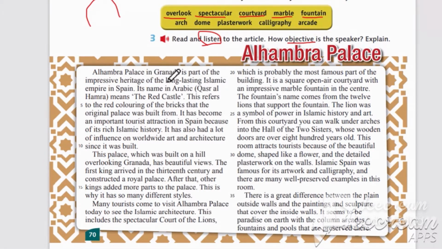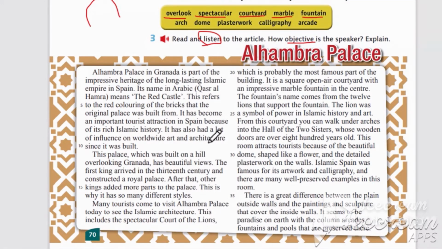Alhambra Palace. Alhambra Palace in Granada is part of the impressive heritage of the long-lasting Islamic Empire in Spain. Its name in Arabic, Qasr al-Hamra, means the Red Castle. This refers to the red colouring of the bricks that the original palace was built from. It has become an important tourist attraction in Spain because of its rich Islamic history.